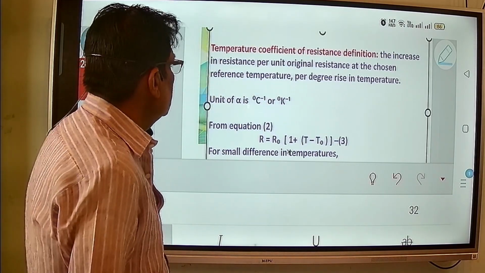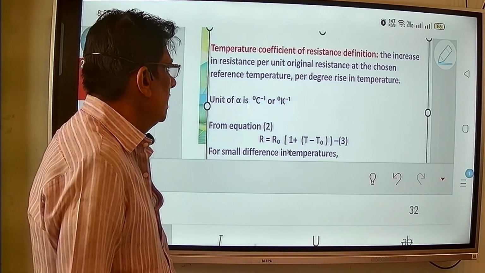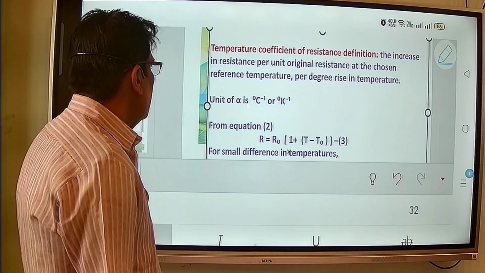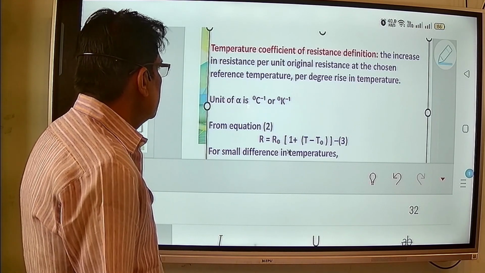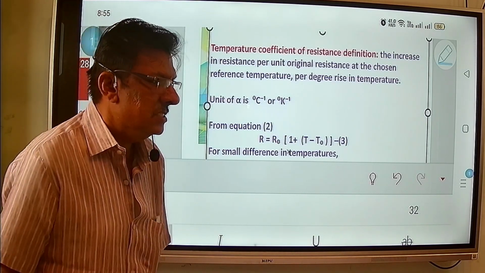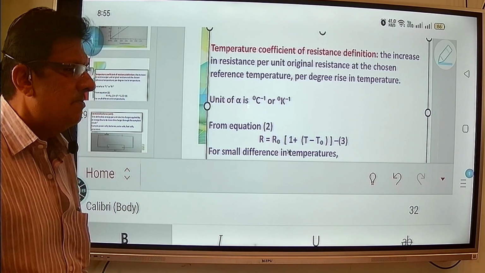Now we are going to see the TCR definition. TCR means alpha, and alpha means temperature coefficient of resistance. The definition is very simple.